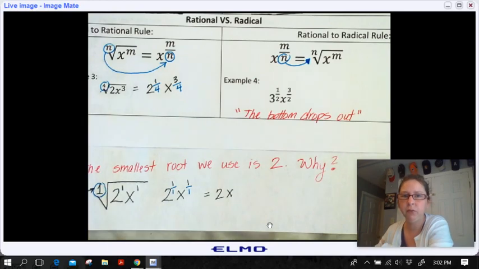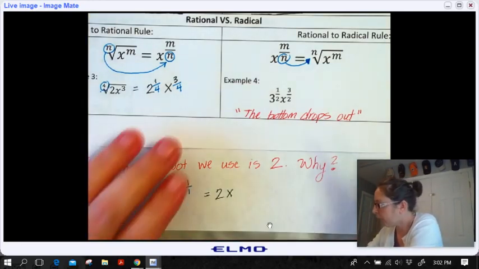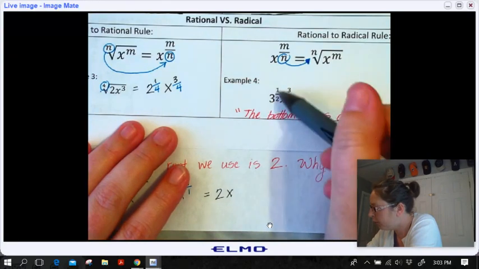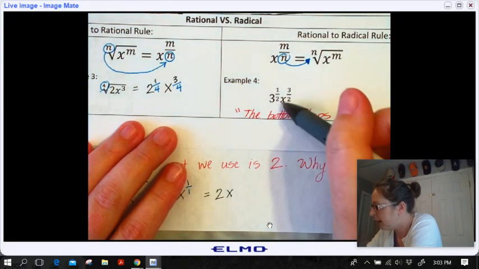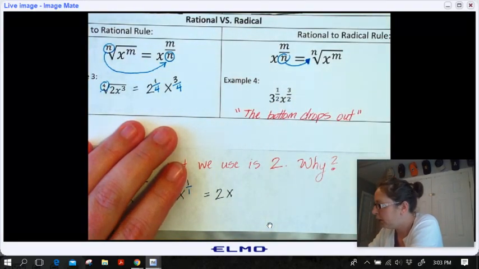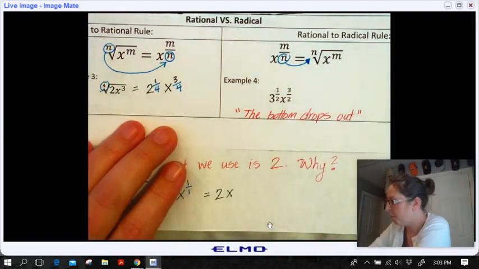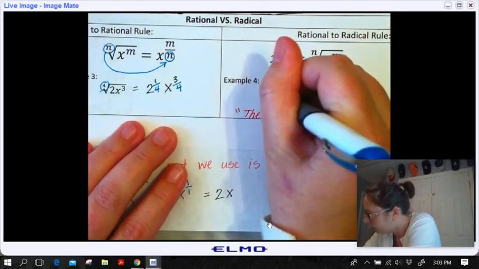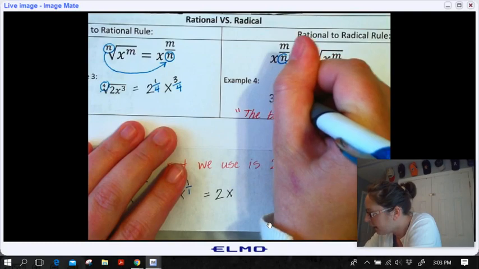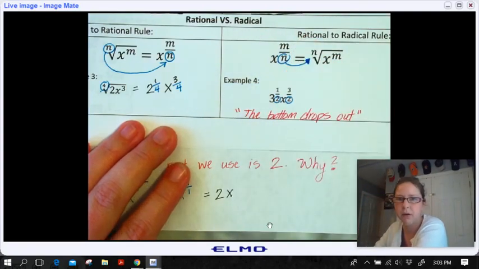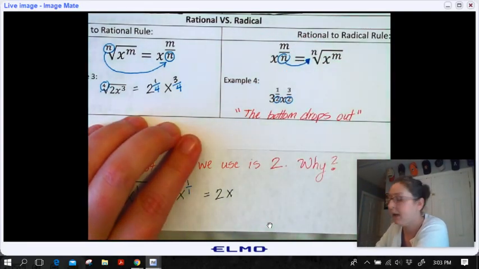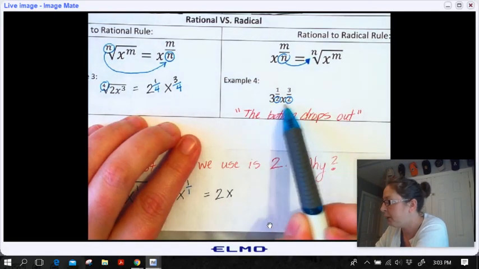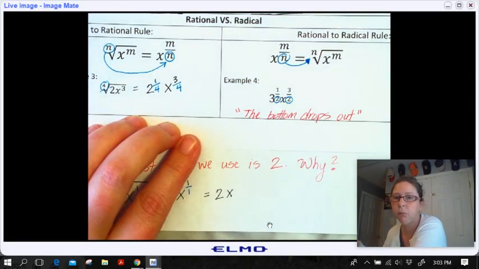Let's go ahead and do our example number 4. So I have 3 to the 1/2 power and x to the 3/2 power. So I'm going to take the bottom of the fractions. Now they are the same number, okay? So that means I can put both the base 3 and the base x in the same root.